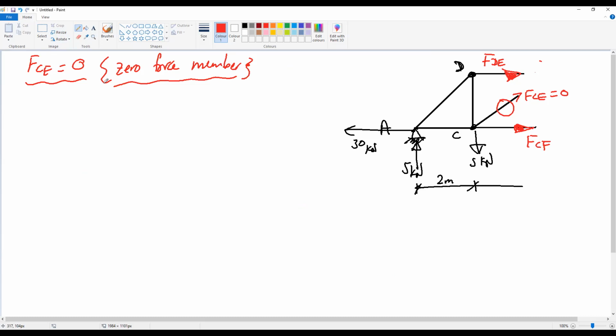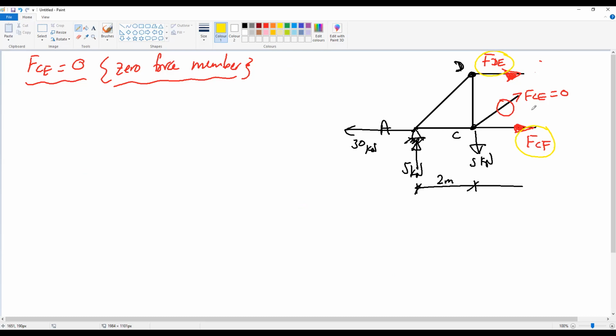How can we find DE and CF? Can we use summation of x equal to 0? No, because we still have two forces in x, so we have two unknowns.